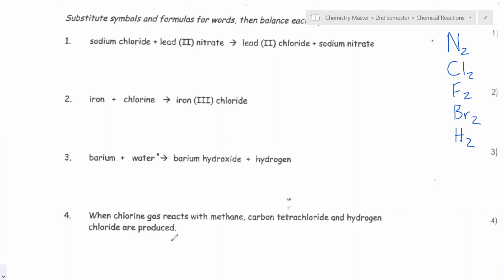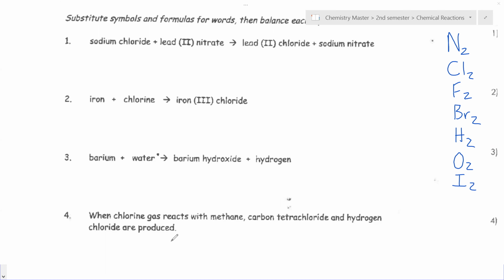Got 2 more left. Oxygen, yes. One more. Iodine. Very nice. These are your twins. So remember, if they are by themselves, then they come as a twin.